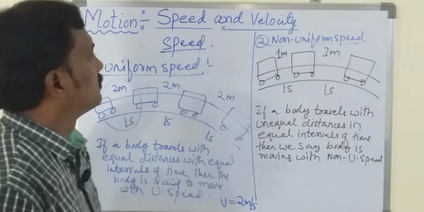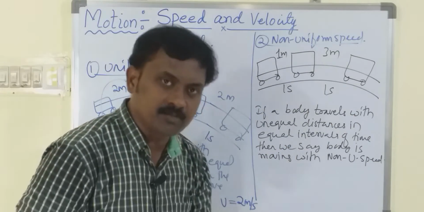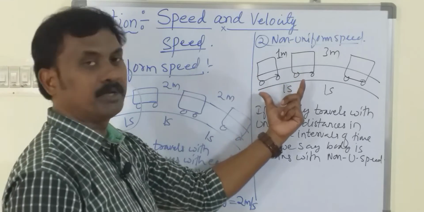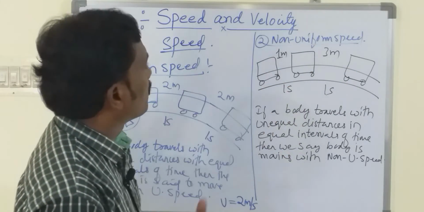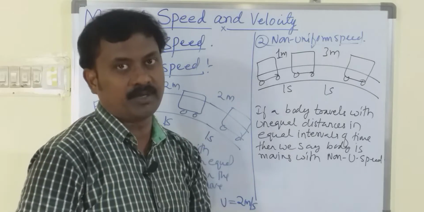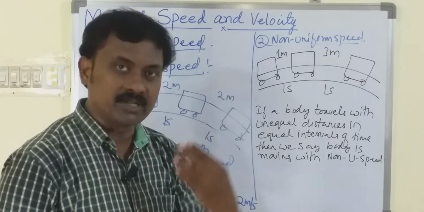Now here, how do you say what is the speed? Because here it is 1 meter per second and here it is 3 meters per second. So whenever a body is traveling with non-uniform speed, you have to calculate average speed.